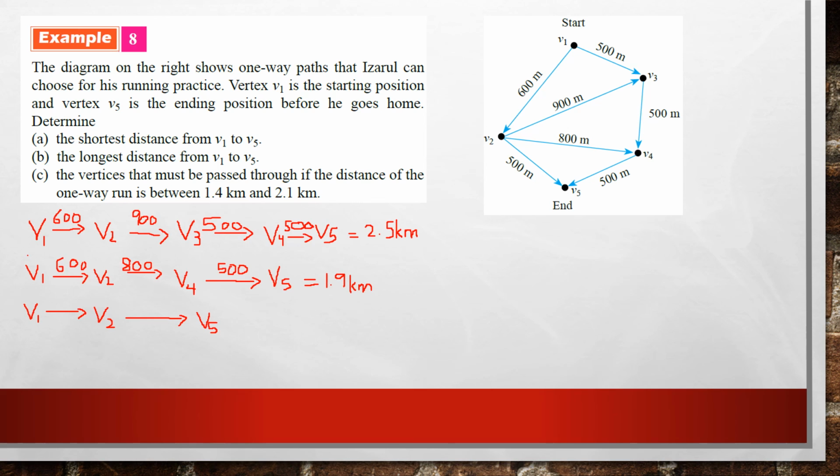That means V1 to V2 is still 600, but V2 to V5 is 500. So total distance will be 1100 meter, that is 1.1 kilometer.